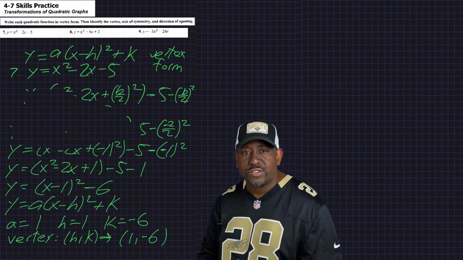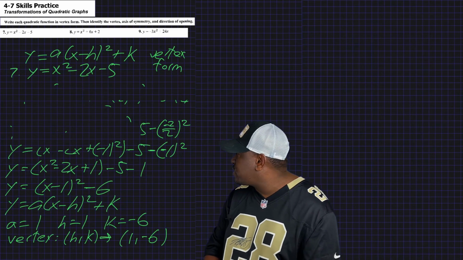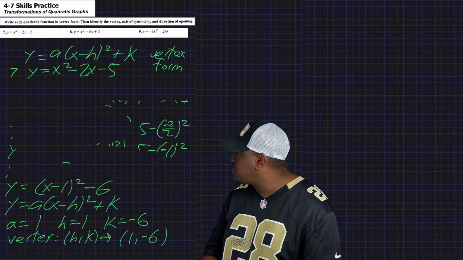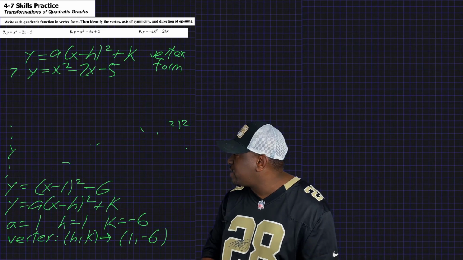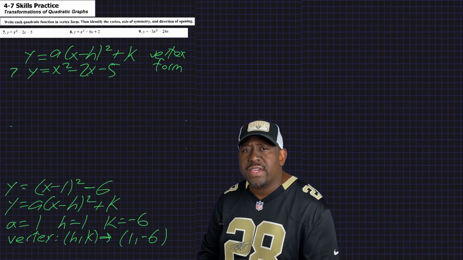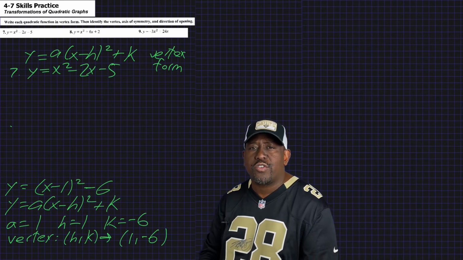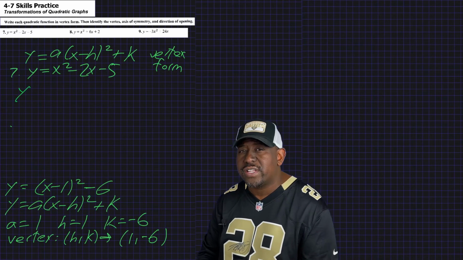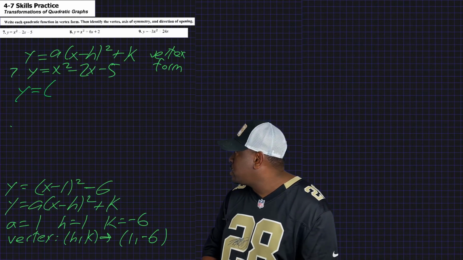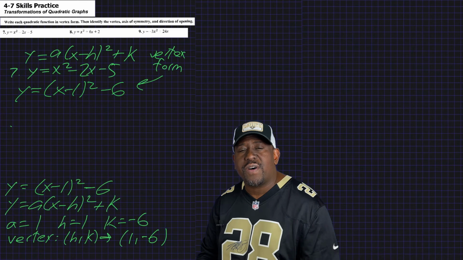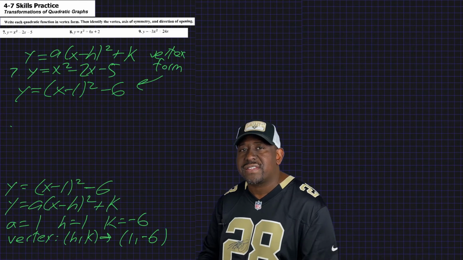We need to erase and create some space here to find the axis of symmetry. While we're erasing, let's summarize what we've done. We've taken a problem in the basic quadratic form of ax squared plus bx plus c, and converted it into vertex form. We want to write our vertex form here so that we can use it not only to find the vertex, but also to find the axis of symmetry.